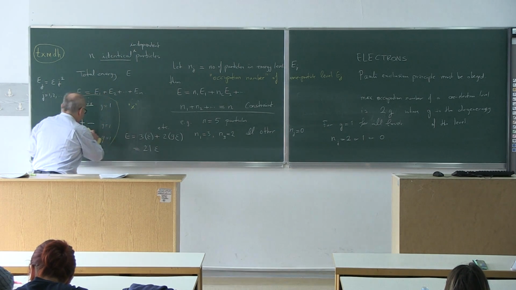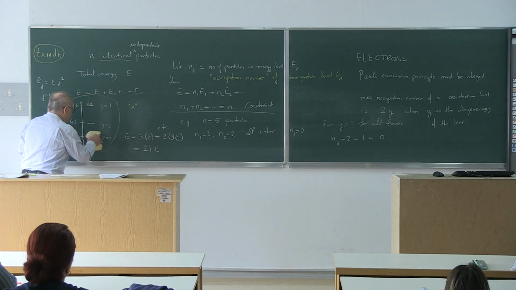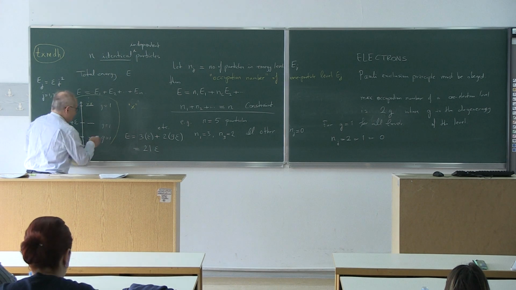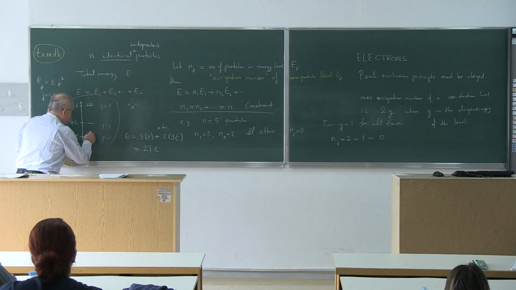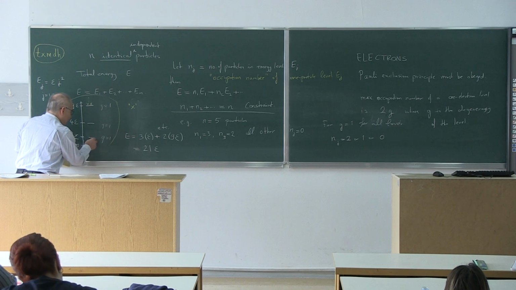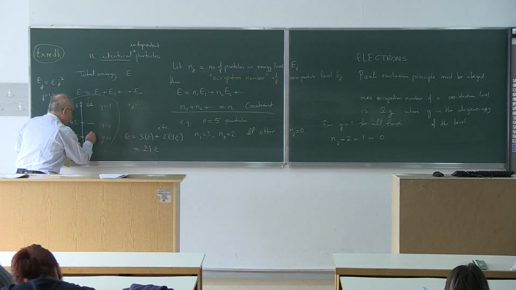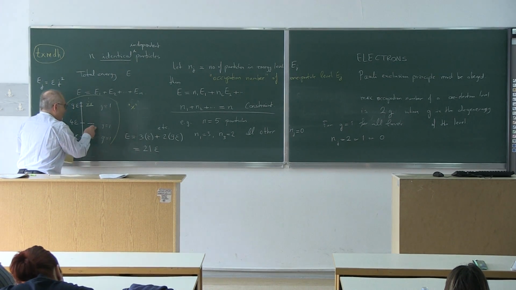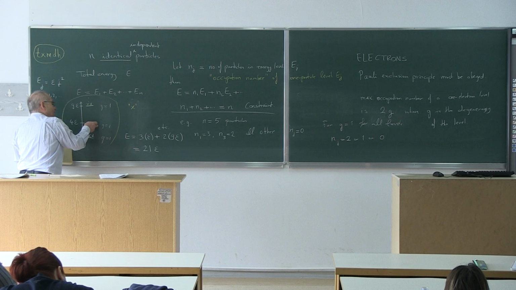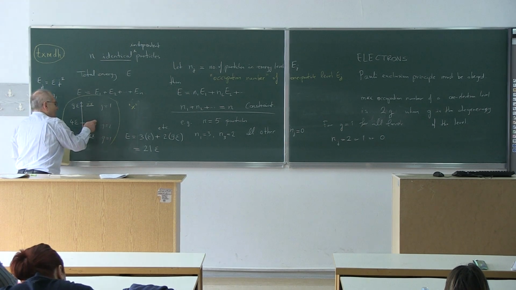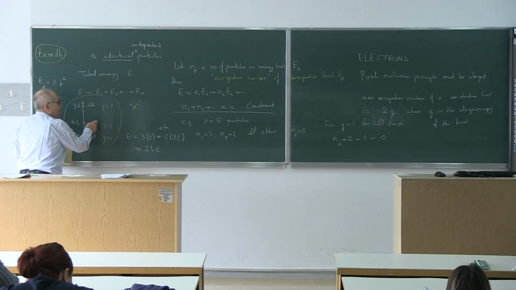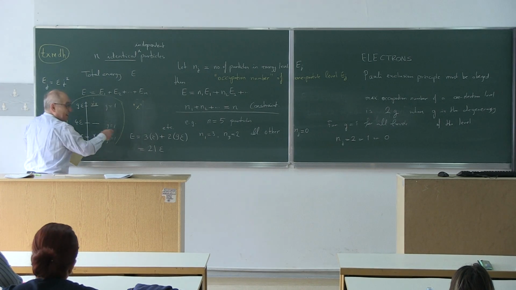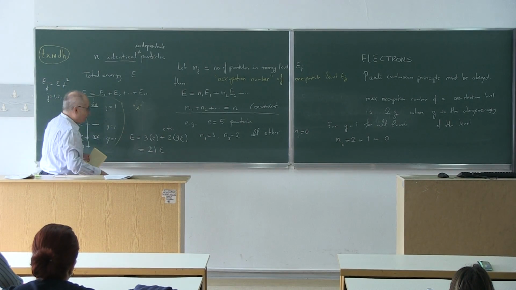Therefore, graphically, we can show it for 5 electrons. For the lowest one-electron energy level, the maximum occupation number is 2. Now I have to use the higher one-particle level because I have 3 more electrons.